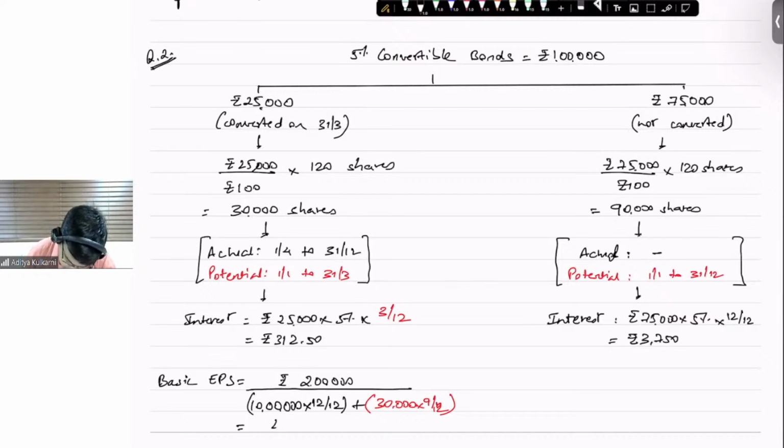So rupees 2 lakhs divided by 10,20,500 shares gives 0.196 per share. This part, most of you got it right.